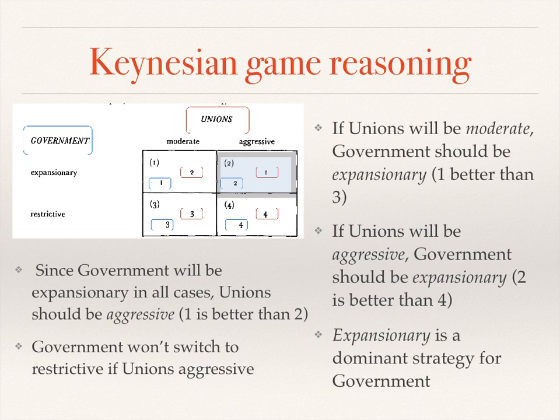This means that a government with this set of Keynesian preferences, as Scharpf calls them, won't be able to threaten unions with anything when unions are raising aggressive wage demands, because the unions will know the government is not going to switch to a restrictive policy.